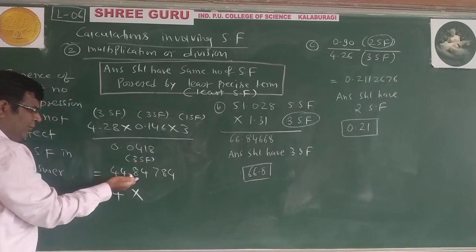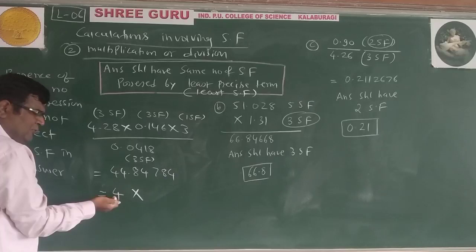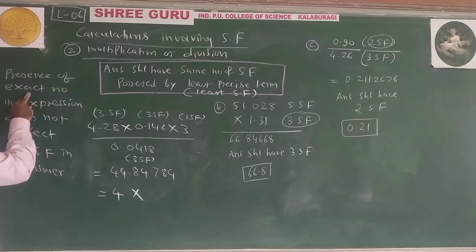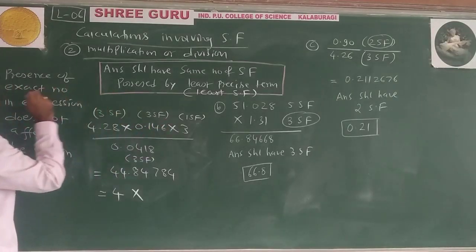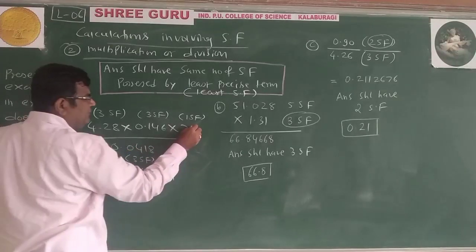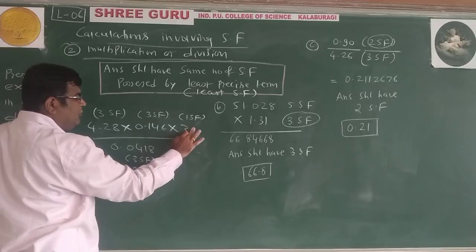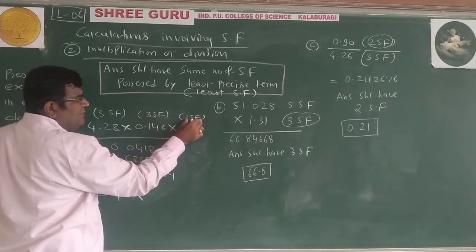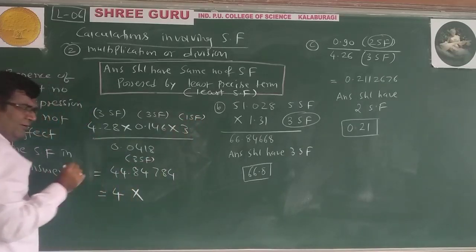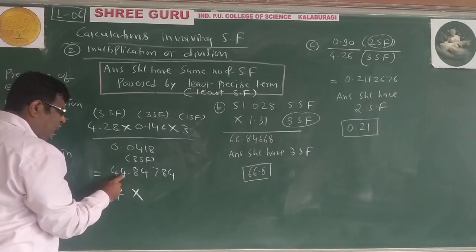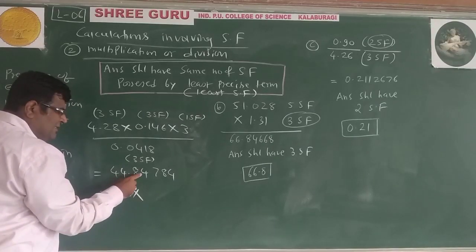But 44.84784 cannot be reported as 4. That would be a very, very wrong answer. So what the rule says, presence of exact number, 3 is the exact number here, in expression does not affect the significant figures. It means we have to leave it, not in multiplication but in deciding the significant figures. This one number should not decide our answer. 3 significant figures is least here. It means 44.8 should be our answer, 4 is to be dropped.